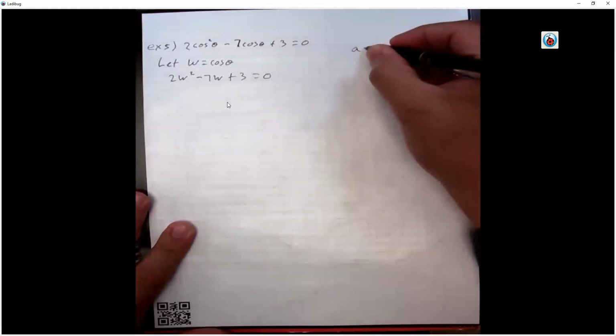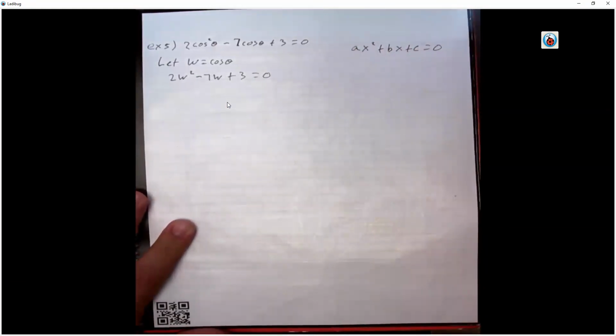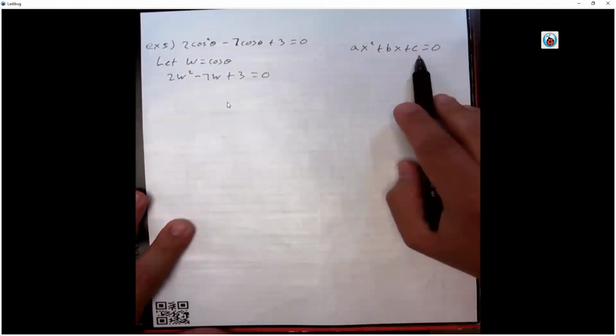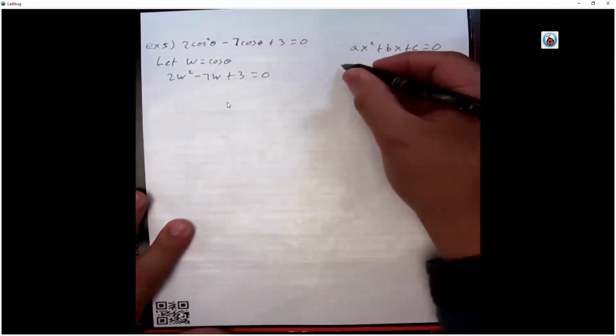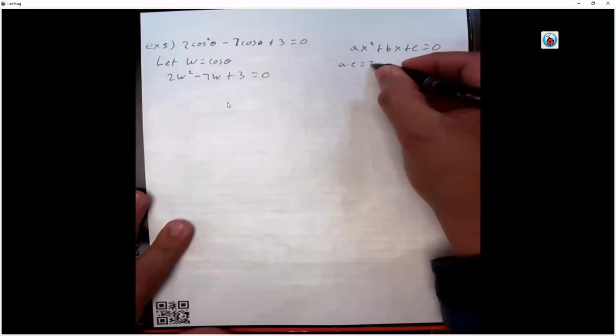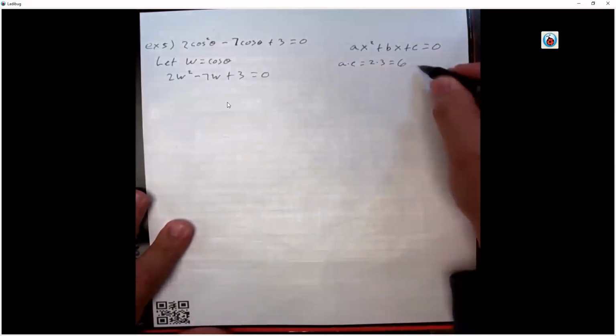So AC gets its name from the general form of a quadratic, ax squared plus bx plus c. What you do is you multiply the a and the c, which in this case is 2 times 3, to get a 6.